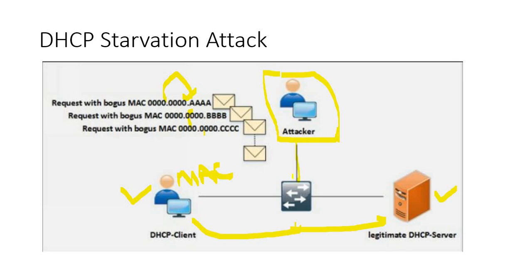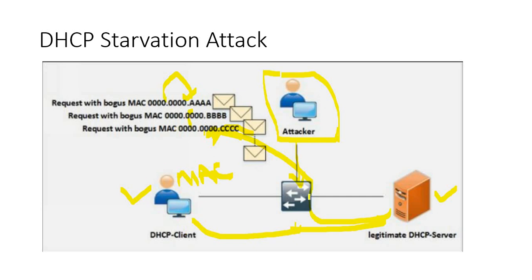This means a DoS attack is happening, and due to that, whatever MAC address is coming, the DSCP server is very busy assigning IP addresses to these MAC addresses. It is not assigning the IP to that legitimate client.